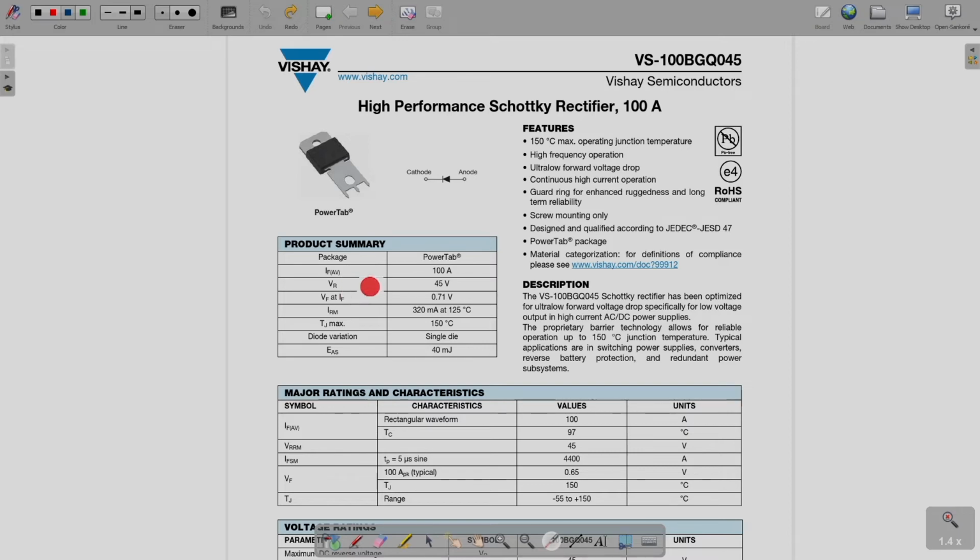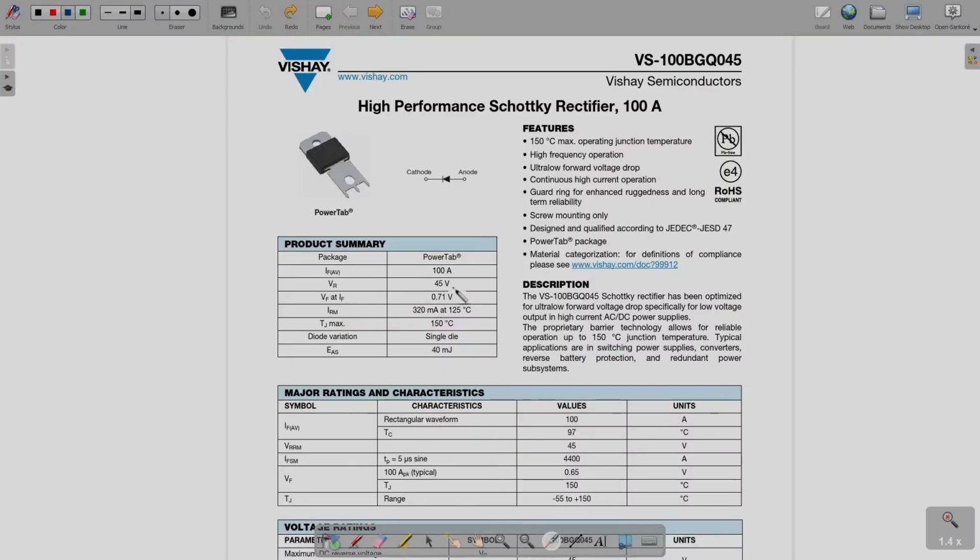Then you have VR, the breakdown voltage, which is 45 volt, and you can see that this is much smaller. I have told you before that Schottky diodes are usually manufactured for less than 100 volts. Above that it becomes difficult to make Schottky diodes.